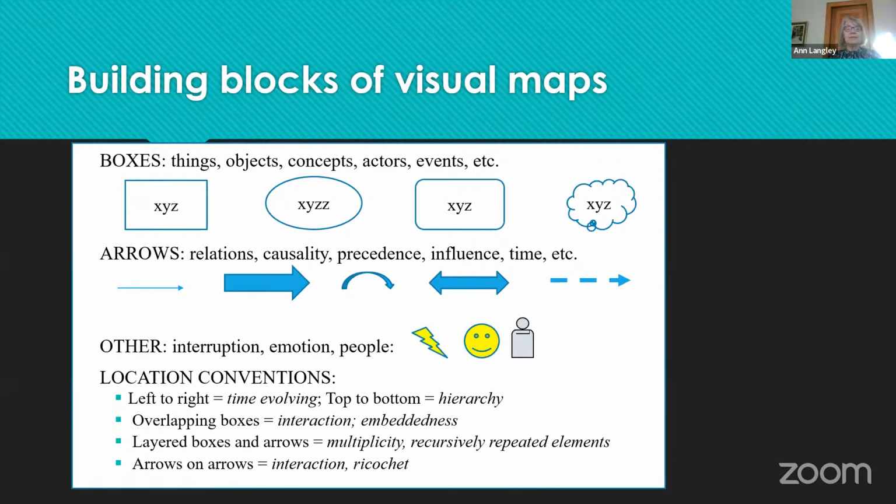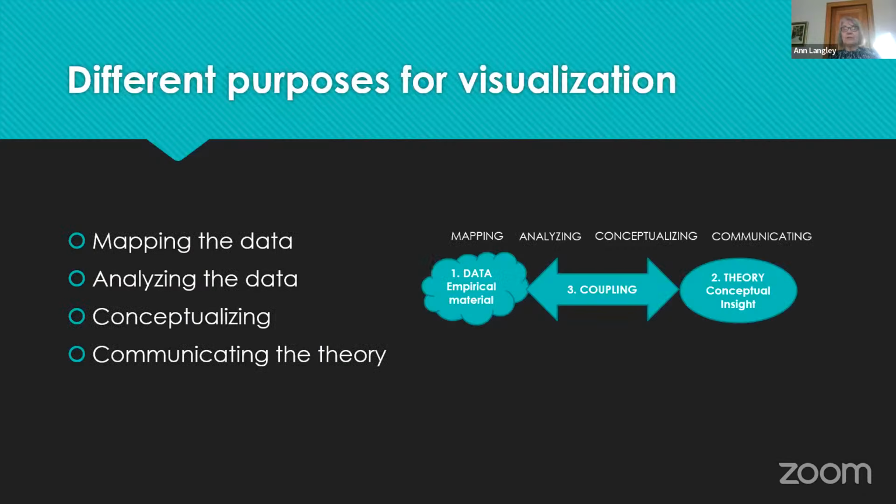Here are some thoughts on how you can use visualization. So here's my diagram with data and theory and coupling. You can use diagramming, visualizing all along this chain. When you look at a published paper, what you usually see is a diagram, a process theory.